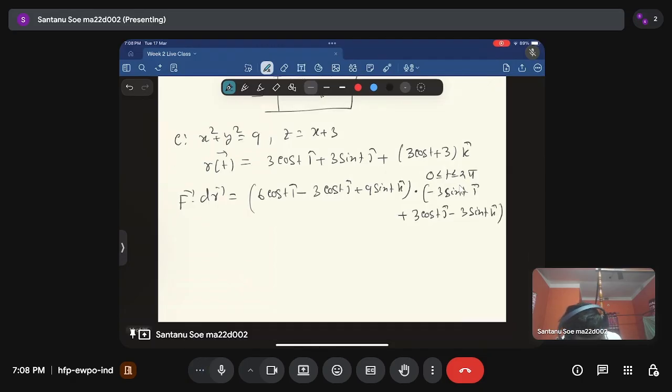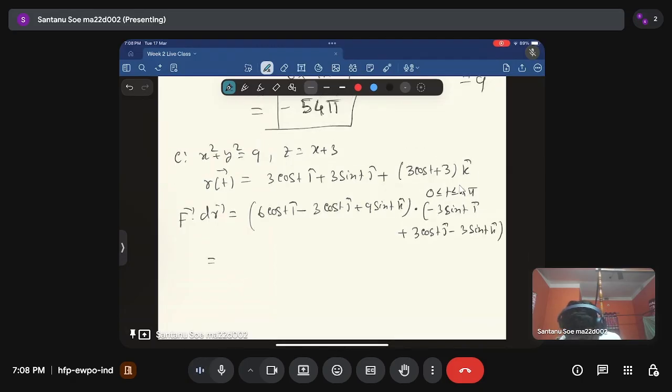Okay, so this will be sin t. So minus 18 sin square of t minus 9 cos square of t minus 27 sin square of t.